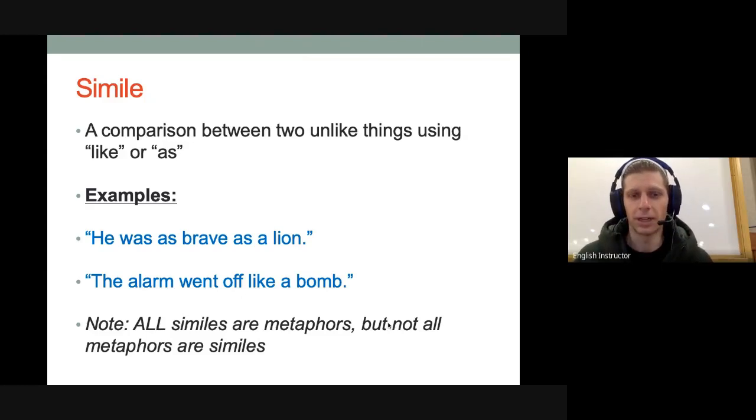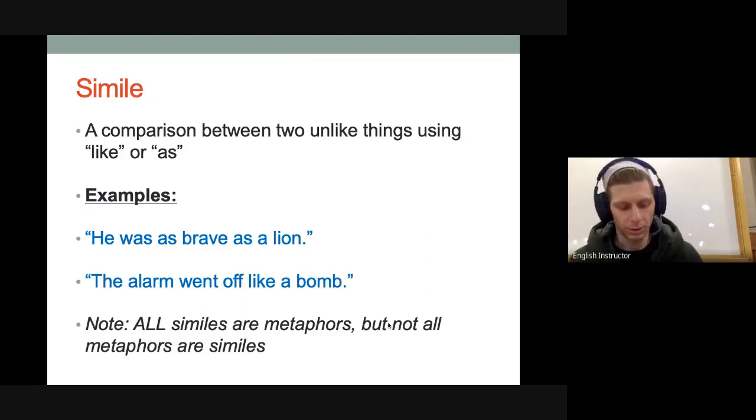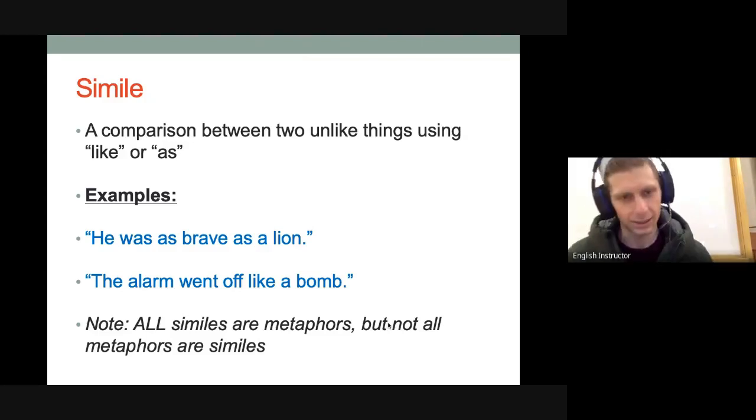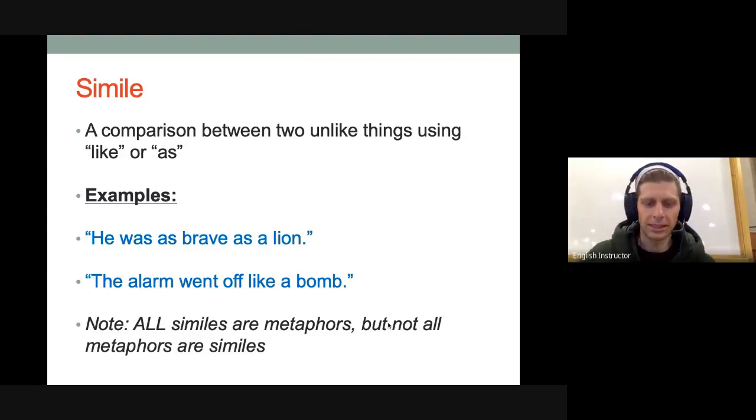He was brave, just like a lion is brave. The other example we have here: the alarm went off like a bomb, and it exploded in noise. You were just sleeping, just having your dreams, and all of a sudden, this explosion of sound goes off, way too early. You've got to get up and get ready for class. But it's that "like," right? So we understand it's a comparison. It's like a bomb, or he's as brave as a lion.